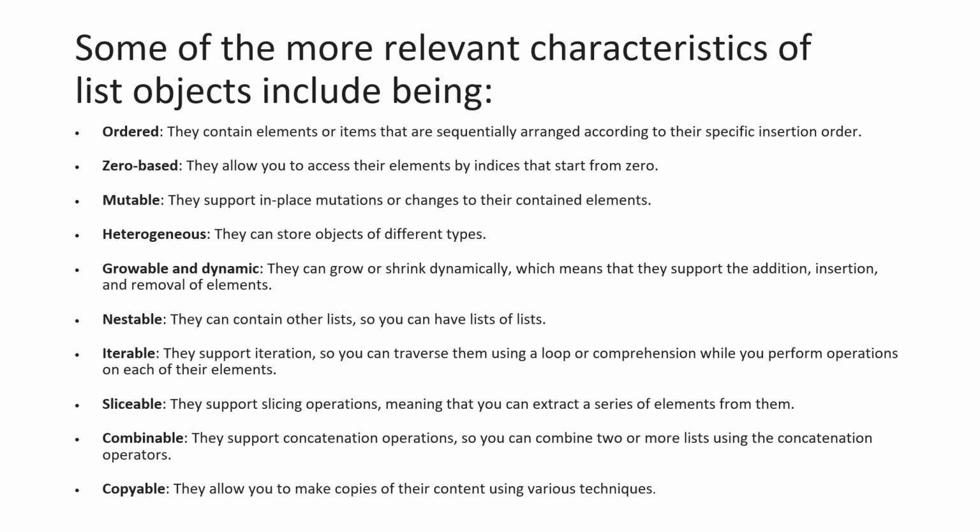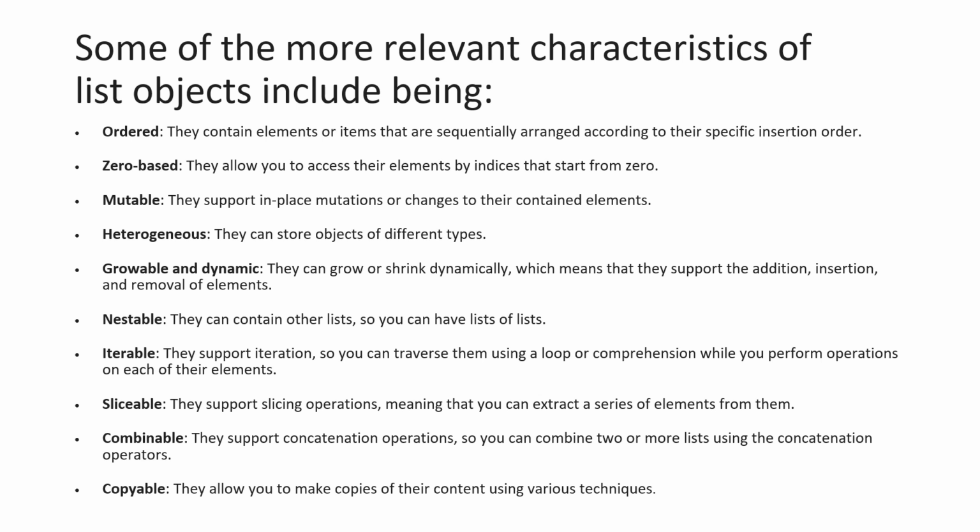Ordered: they contain elements sequentially arranged according to their insertion order. Zero-based: they allow you to access their elements by indices that start from 0. Mutable: they support in-place changes to their contained elements. Heterogeneous: they can store objects of different data types.